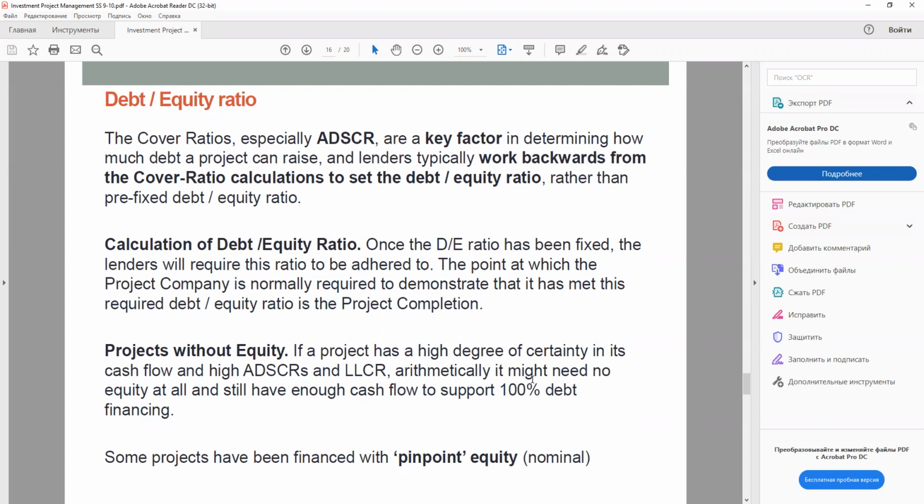And if there are no sponsors, who is to manage the project? Some projects have been financed with pinpoint equity, that is a nominal amount of equity required by some legislations. But these are really exceptional cases.